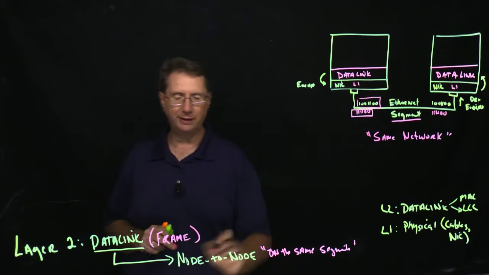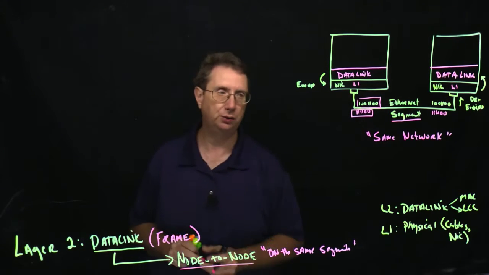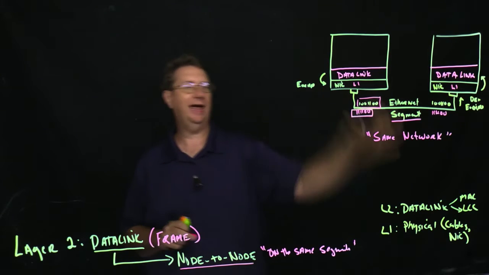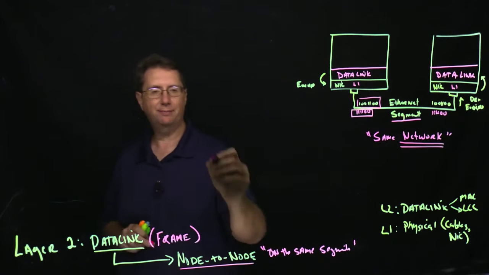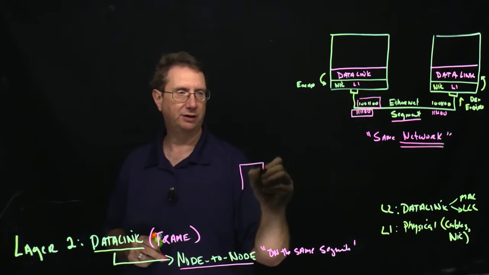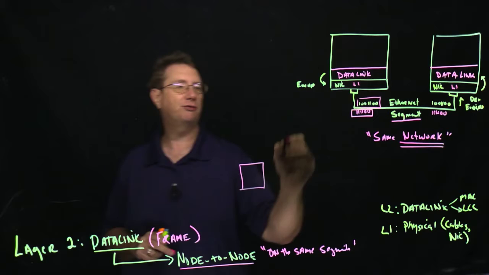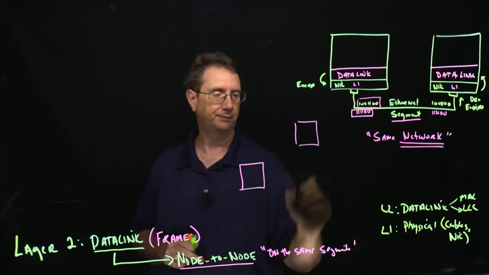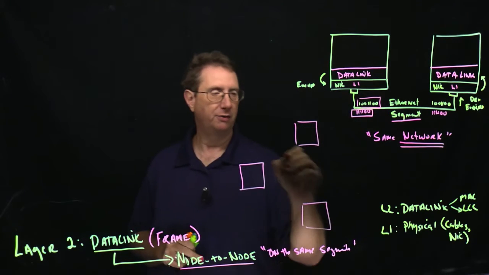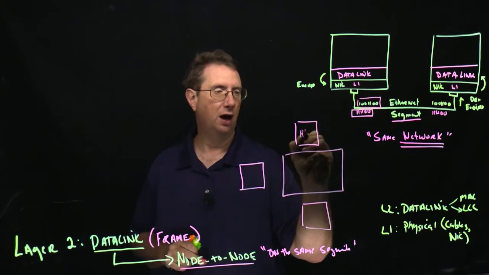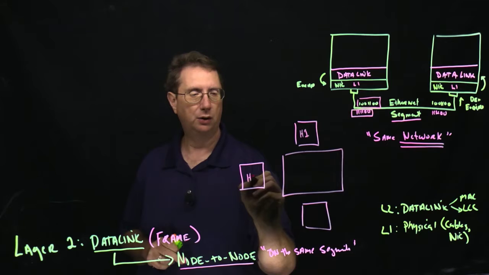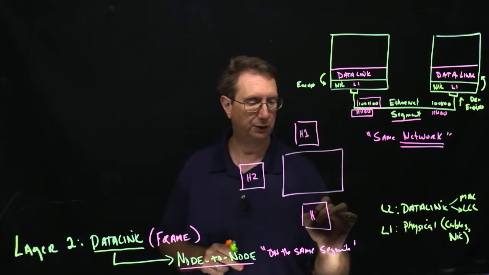Now, the problem here is this concept of node to node. This only works if we're in the same network or the same subnet. As an example, let's draw another configuration here. So I'm going to have 3 hosts. Those 3 hosts are going to be connected to a switch. So let's just say this is host 1, host 2, and host 3.